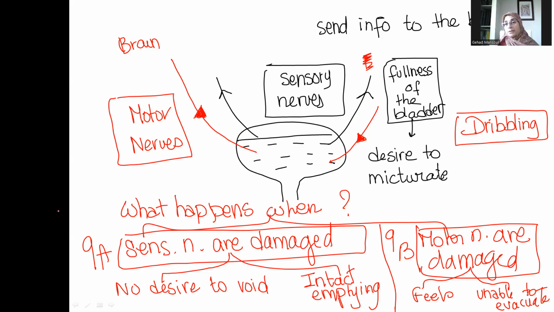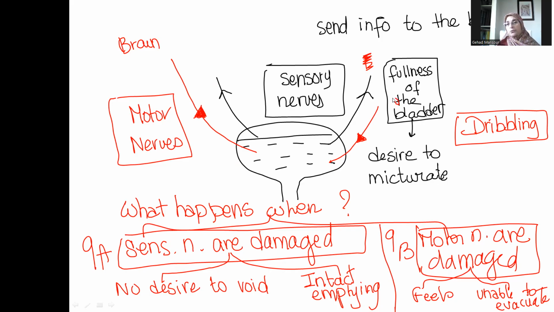But in both cases, when the fullness of the bladder exceeds the capacity of the sphincter in the urethra to close the bladder, then the bladder will open and dribbling of urine occurs, or a few drops of urine will leak or be dissipated from the urinary bladder.